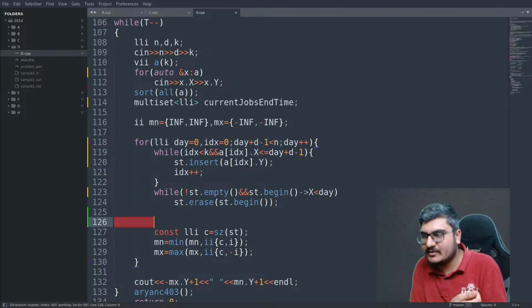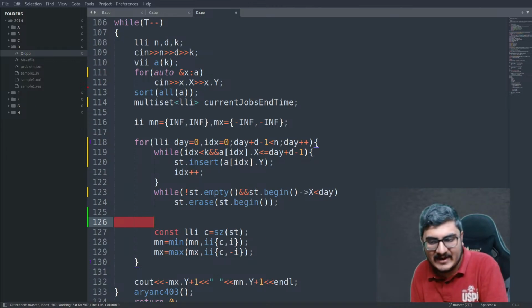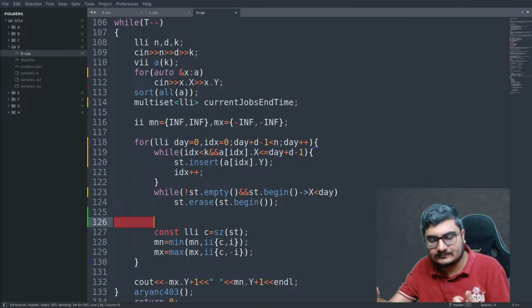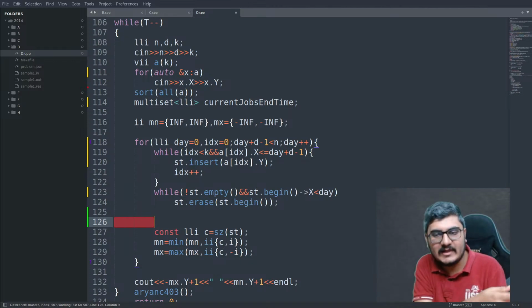Then I have also removed all the jobs which have ended before my current date. Basically, whenever I find a new job, I add its end time into my set, and when I move on, I remove all the end times which are before today from the set.